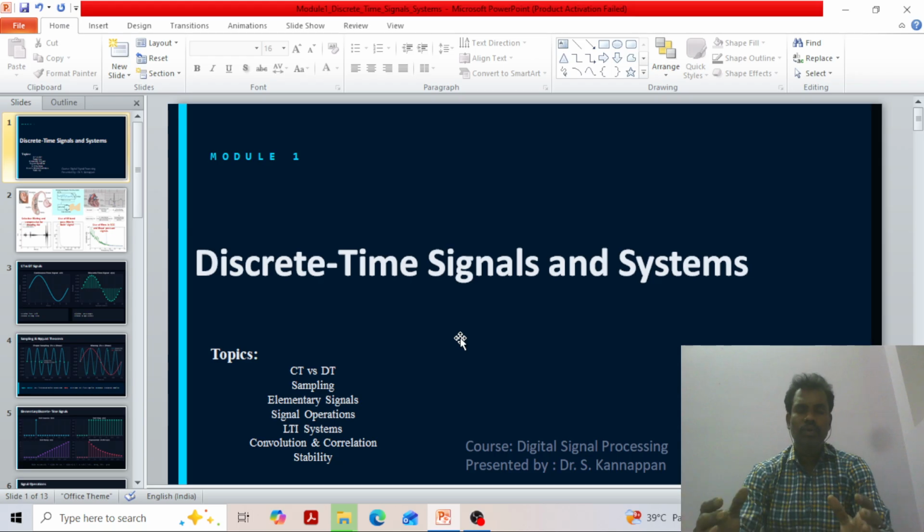Whatever the value at that particular instant, the same value is recorded. It may be an integer or a fraction, and it is numerical in nature. The values are not completely digital. But when we move on to a digital signal, the values we measure at discrete instances of time are completely represented digitally.